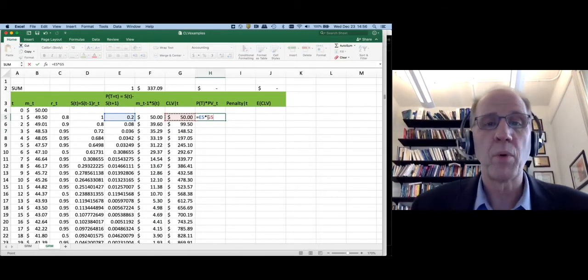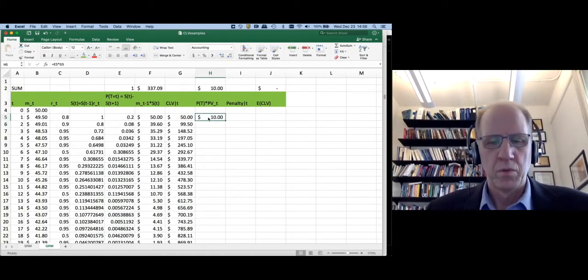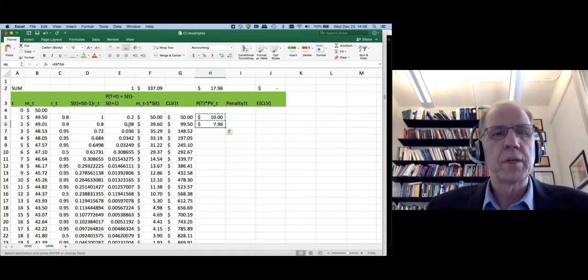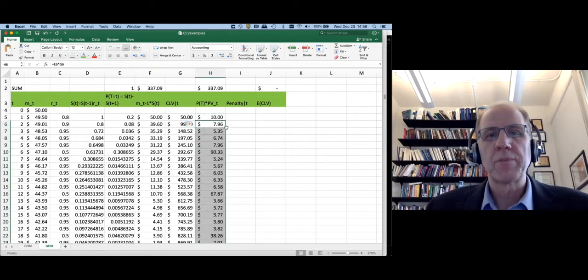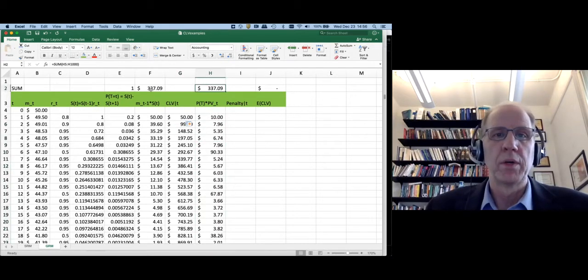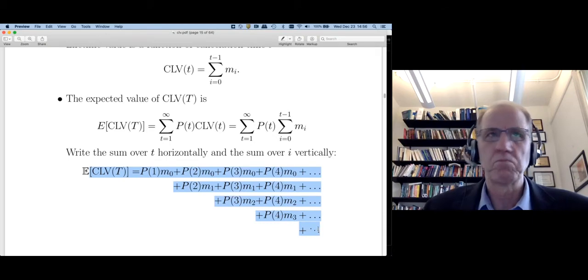So with probability 0.2, I get $50 out of the relationship. With probability 0.08, I get $99.50. And let's just keep doing that, and lo and behold, we get the same number, which all I've shown is that this messy expression works, that's exactly what I said it was.